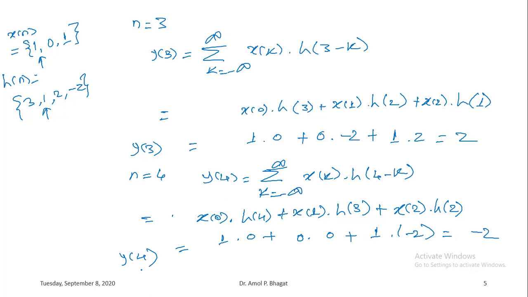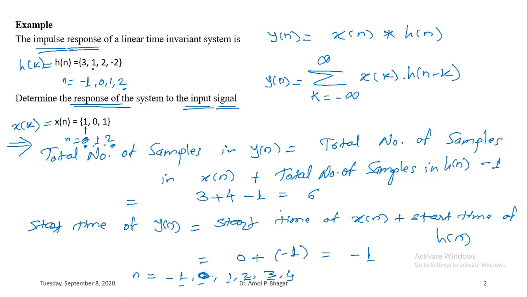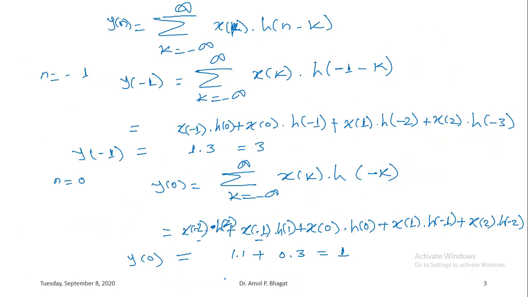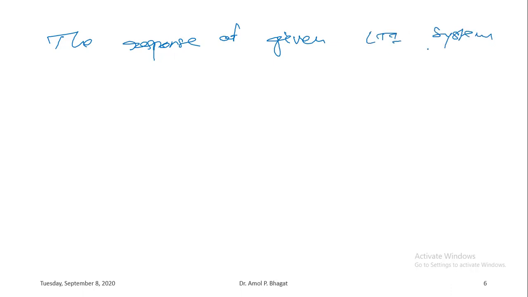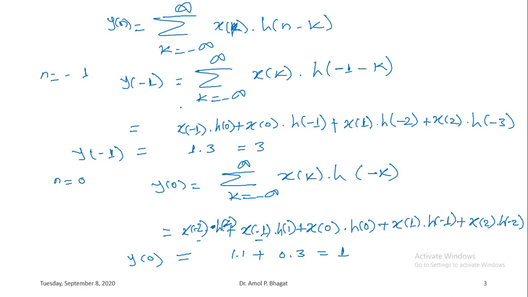Those will be the required samples, because n is varying from minus 1 to 4, as we identified here. So finally you can write down the response of the given LTI system. You will simply list out those samples starting from minus 1. At minus 1 the value is 3, then 1, so y of minus 1 is 3, y of 0 is 1.